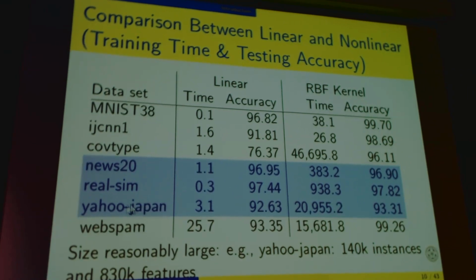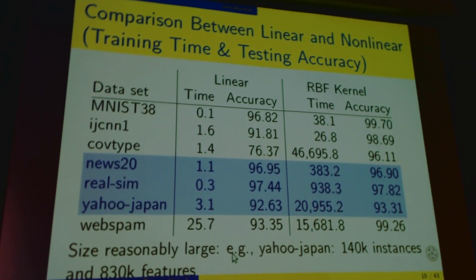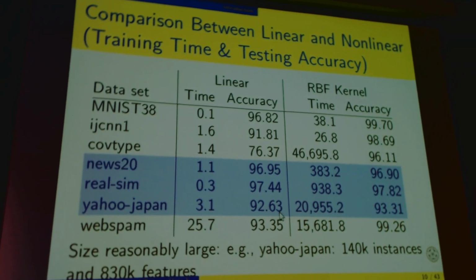Take the third one, called Yahoo Japan. This problem is already pretty large. It has about 140,000 instances and almost 1 million features. Then in 3 seconds, we have finished the training, and accuracy is almost the same as that of using Gaussian kernel.